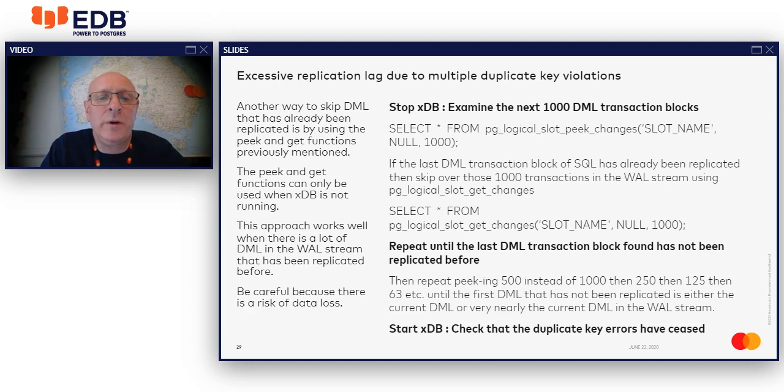Or you can do a binary chop, that is, instead of peeking 1,000, peek 500, peek 250, peek 125, until you find that you've got DML that has not been replicated, and then do the pg_logical_slot_get_changes, and then start xDB. And you should find very quickly that the duplicate errors will have ceased, and it then starts to replicate normally.